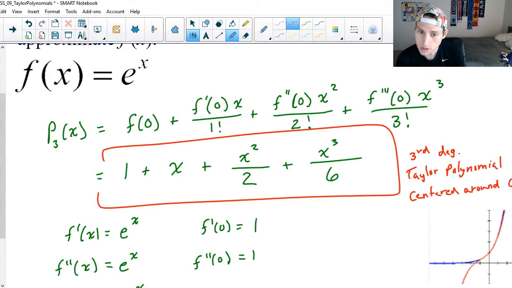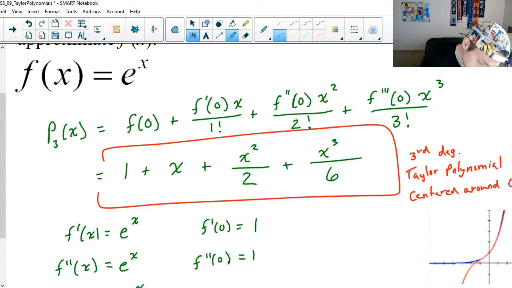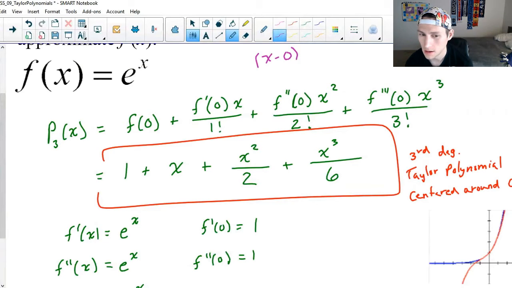Right, because when I look at each of these x terms, I'm actually imagining each of those is x minus 0. But x minus 0 is just x, or x minus 0 squared I can just write as x squared, or x minus 0 to the third power I can just write as x cubed. But if it were centered around some other number, then it would look a little different.